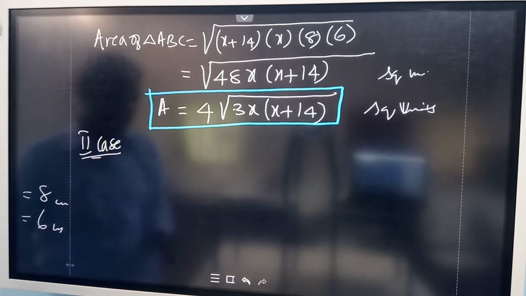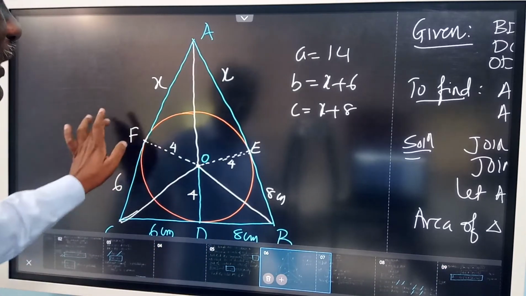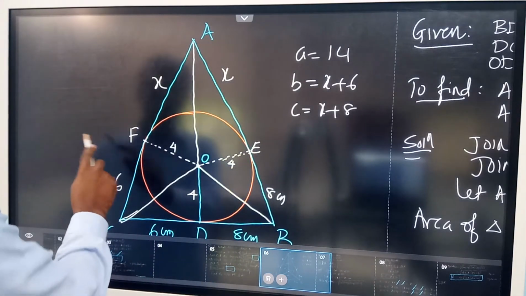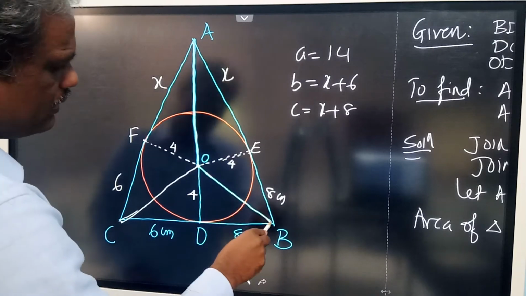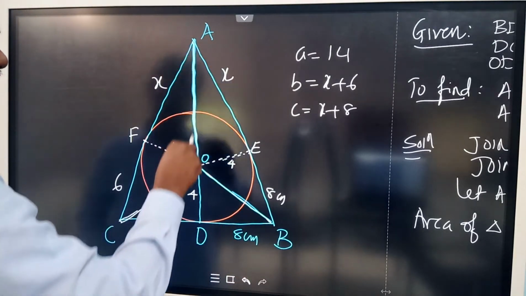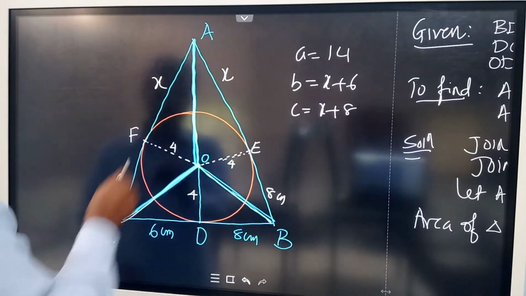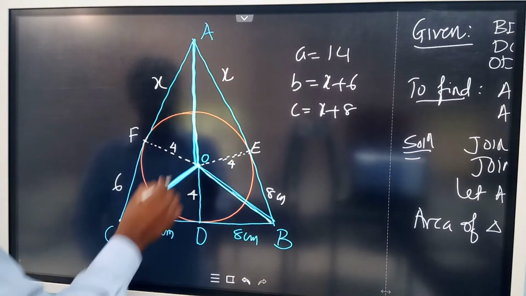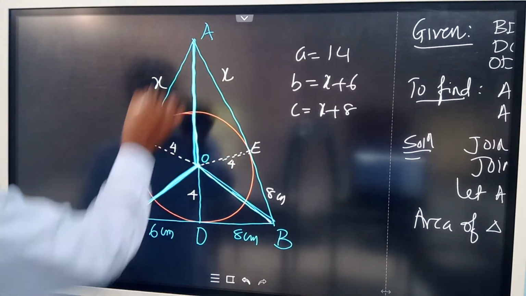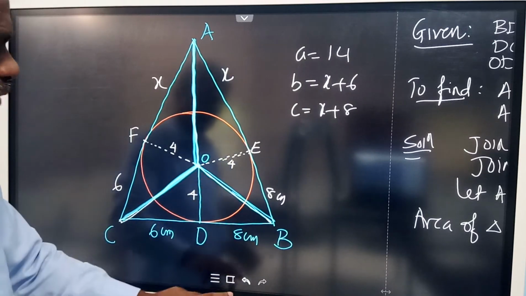The same area we can calculate by splitting this into 3 triangles. I can split this triangle into 3 triangles. This is one triangle and this is another triangle. So this is the third triangle. First let us find out the area of this one by taking area of AOC, then BOC plus AOB.